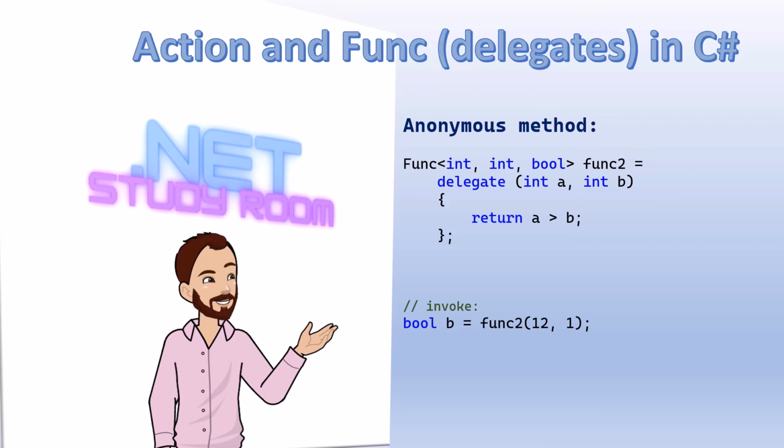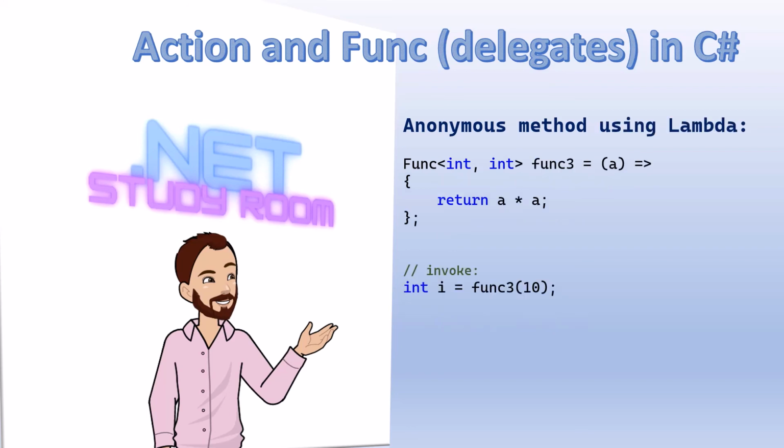The parameters list only contains the parameters which are input to the method. The method should return a value whose type matches the last type parameter of the func delegate. To associate an anonymous method using a Lambda expression, the parameter list is provided inside the brackets prior to the Lambda declaration operator. While using the Lambda expression, it is optional to mention the type of the parameter, as it is automatically inferred.